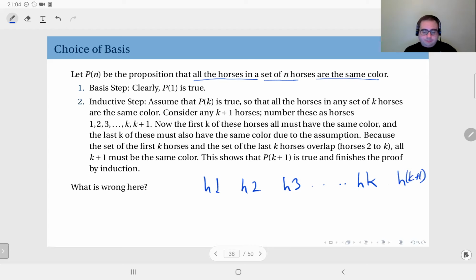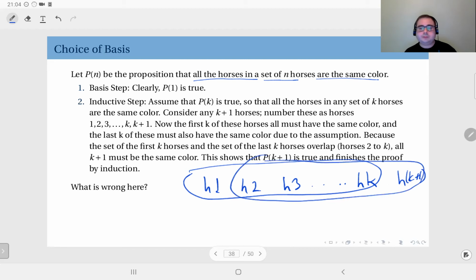Now, look at the first k. Due to my assumption, they are all of the same color. But then look at the last k, from 2 to k plus 1. Again, this is a collection of k horses from 2 up to k plus 1, and based on the assumption, they also have the same color.